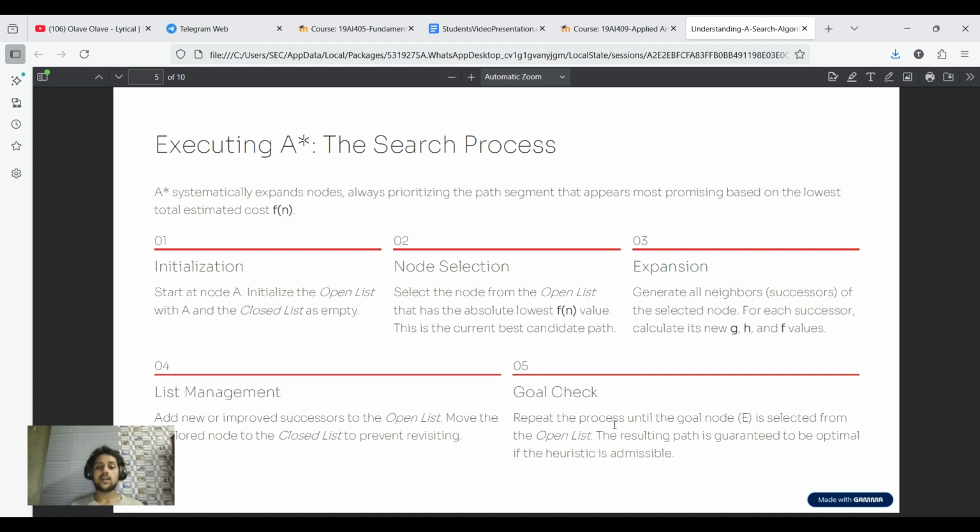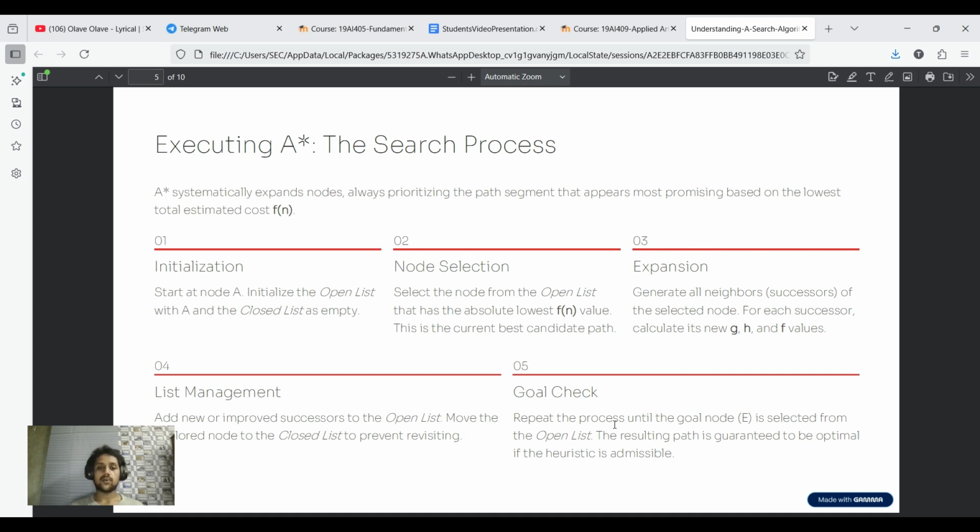A star systematically expands the nodes, always prioritizing the path that appears most promising based on the lowest total estimated cost. That means it always leads to travel in a weighted graph at the lowest cost. First step, initialization.